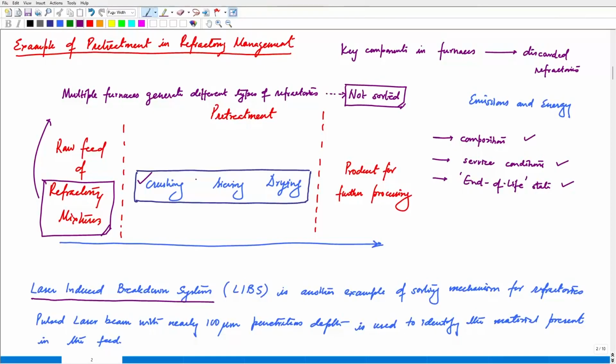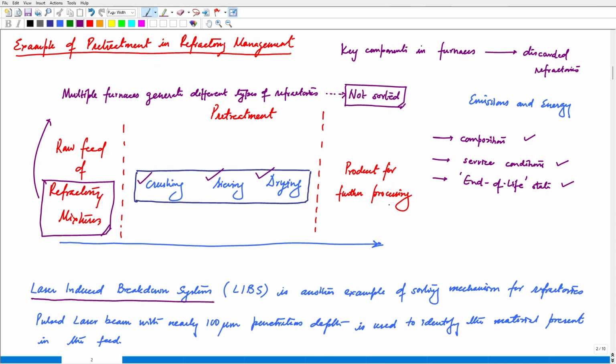So, we can go for crushing and grinding, post crushing we go for sieving, drying, and then depending on the finished product we will have further processing.